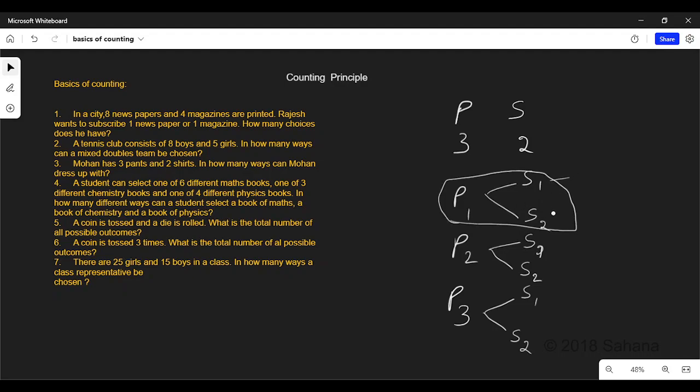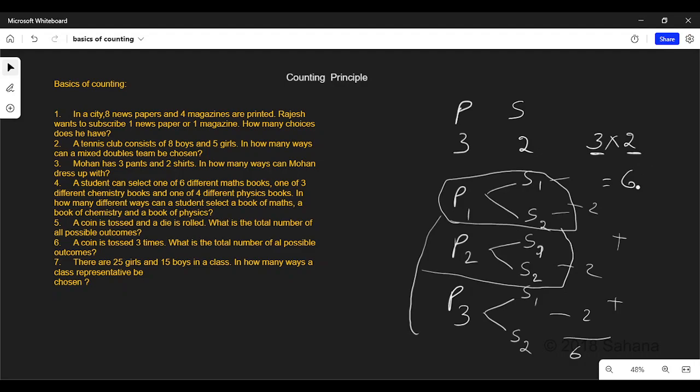There are 3 pants, and for each pant he can pair it with 2 shirts. So he has 3 into 2 choices. He can dress up in 6 ways: 2 ways here, 2 ways here, 2 ways here. So total 6. Either you add up all the possibilities by taking 2 plus 2 plus 2, or you multiply 3 pants pairing with 2 shirts, therefore 3 into 2. So 6 choices he has.